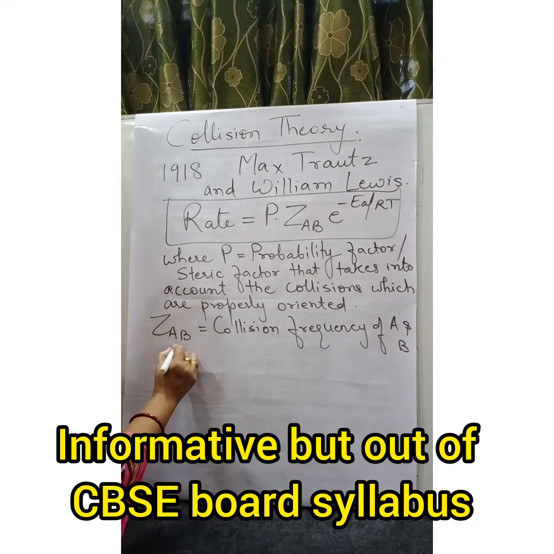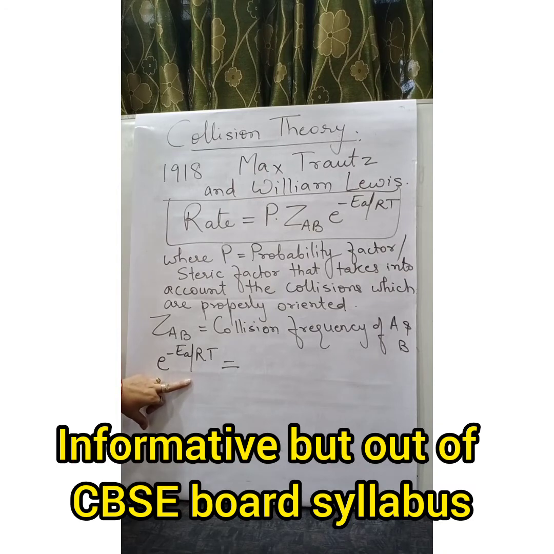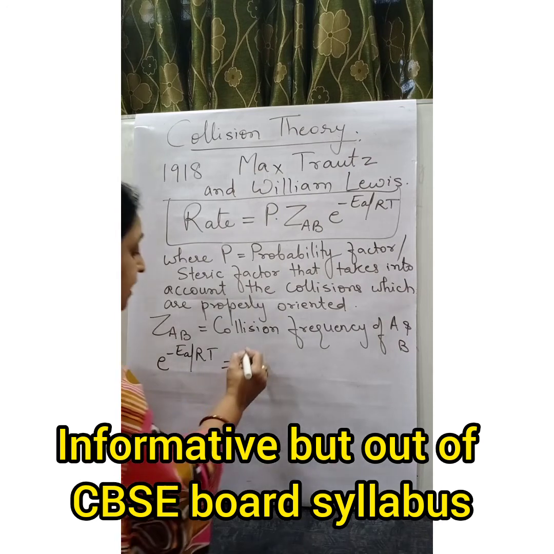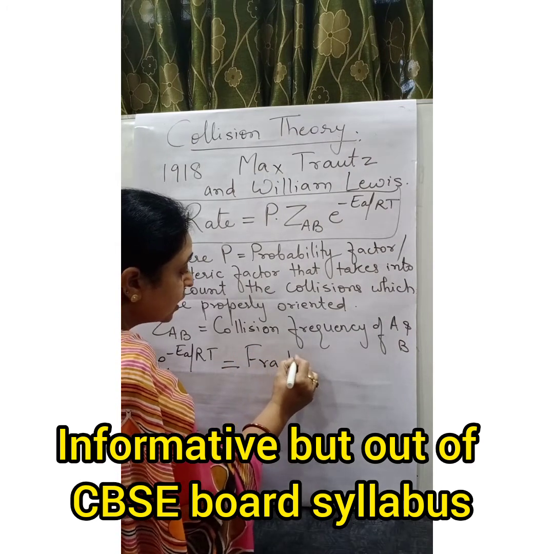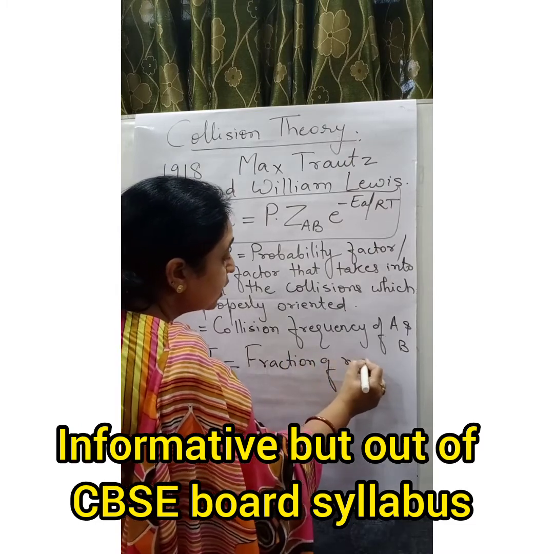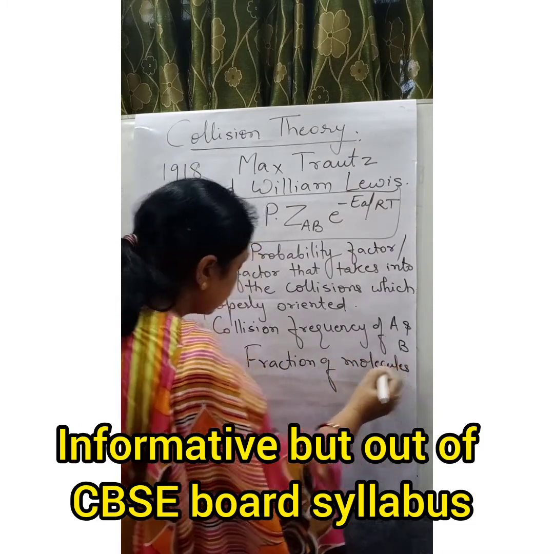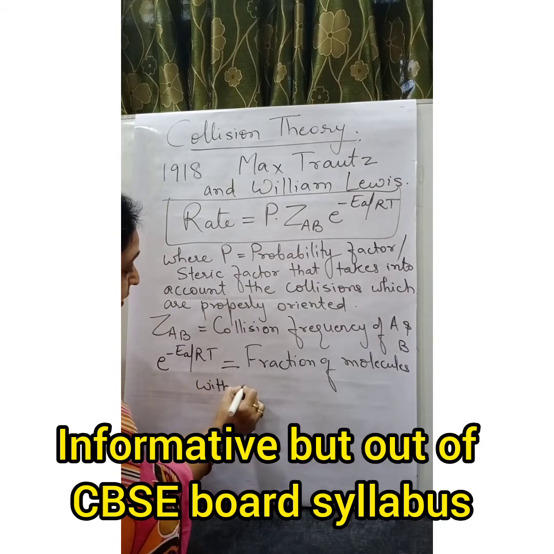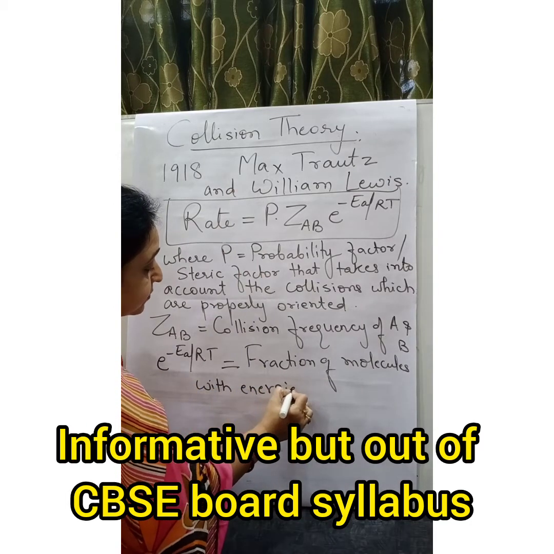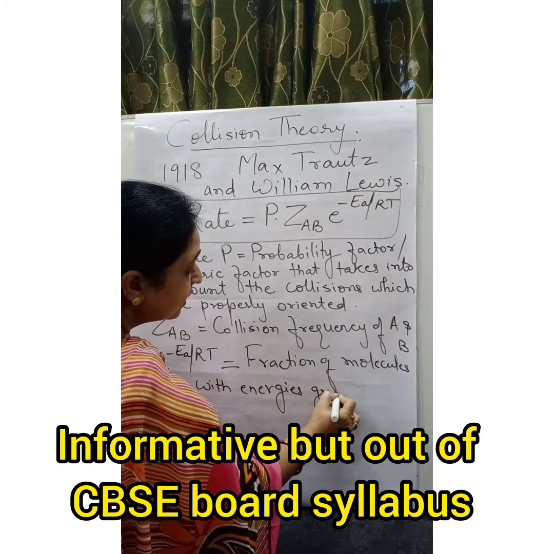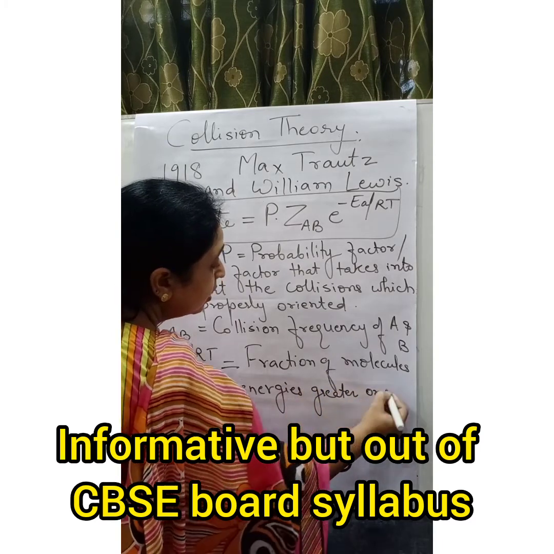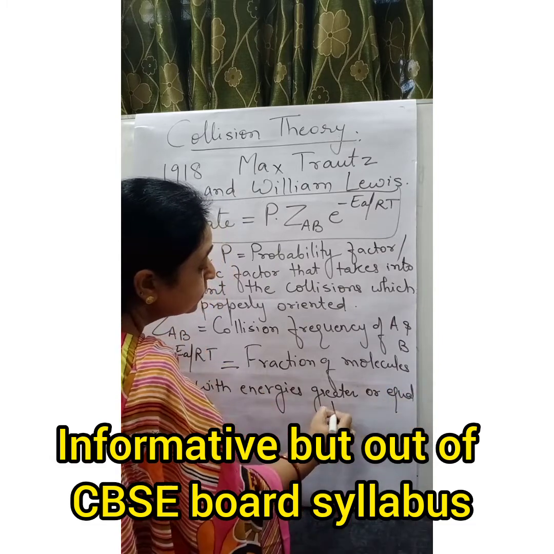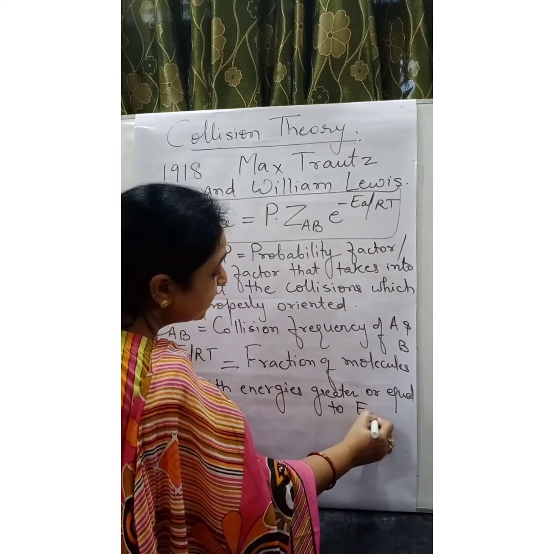E raised to minus EA upon RT is nothing but the fraction of molecules with energy equal to or greater than activation energy.